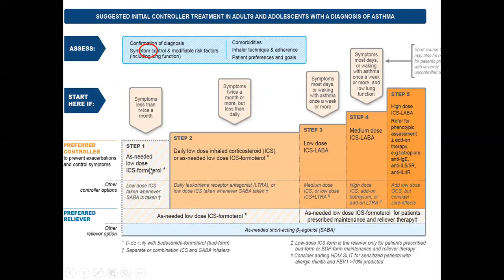So these are the steps, very important steps in management of asthma. So this is step 1, step 2, step 3, step 4, step 5.